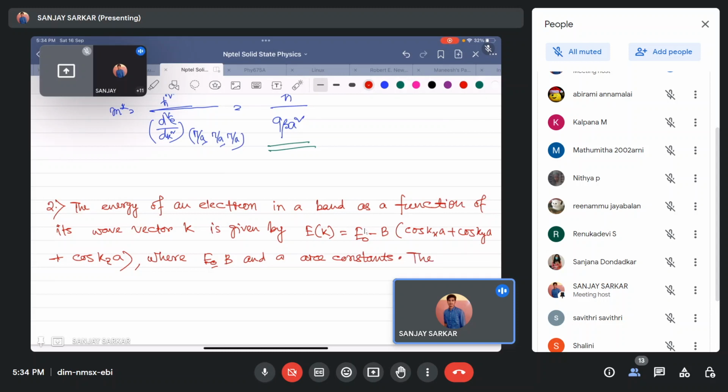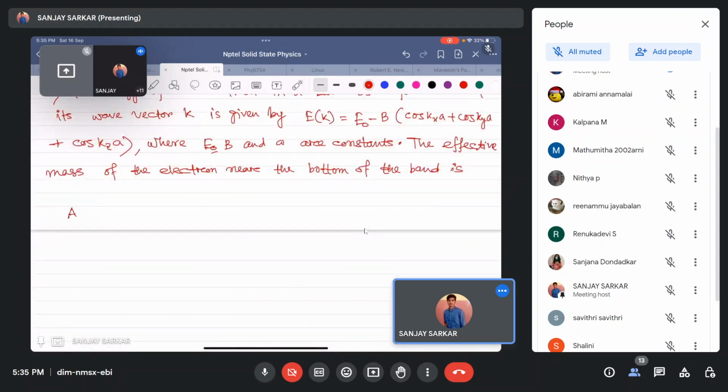Then the effective mass of the electron near the bottom of the band is: option A, 2 h bar square by 3 b a square.